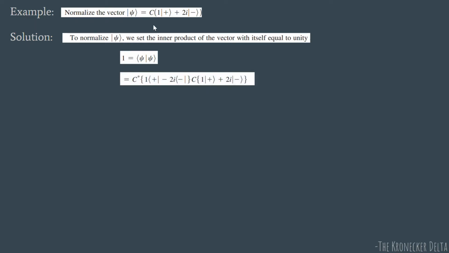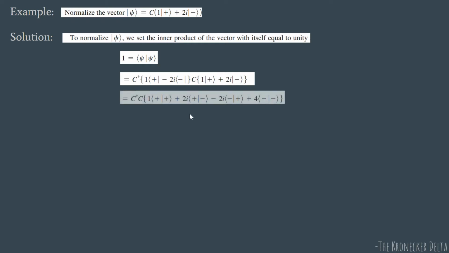So now we write the bra of psi, which will be C star, since C is also complex here. Then you take the bra of this state. Since here we have i, the conjugate of i will be minus i, so you get a minus i here. Here 1 was real, so there's no change. This gets converted to its bra form, and then you multiply it with psi, which remains as it is.